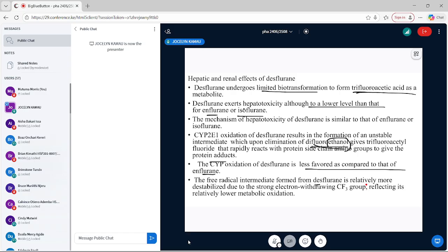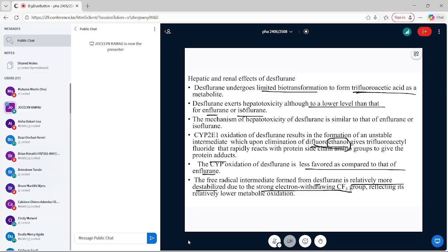The free radical intermediate formed from desflurane is relatively more destabilized due to the strong electron withdrawing trifluoromethane group, reflecting its relatively lower metabolic oxidation. So again, this is emphasizing the point we said: difference in chemical structure, difference in physical properties, difference in metabolism, and all these are subject to the structure of this compound.